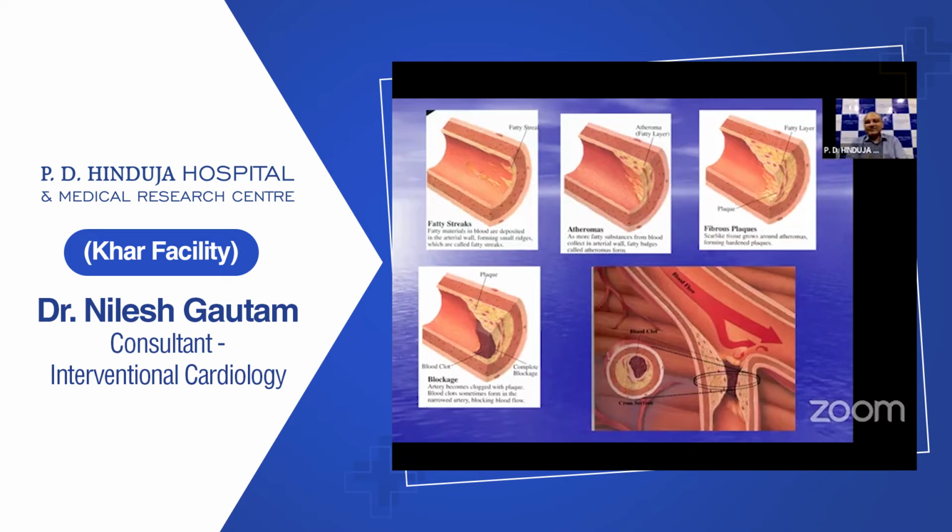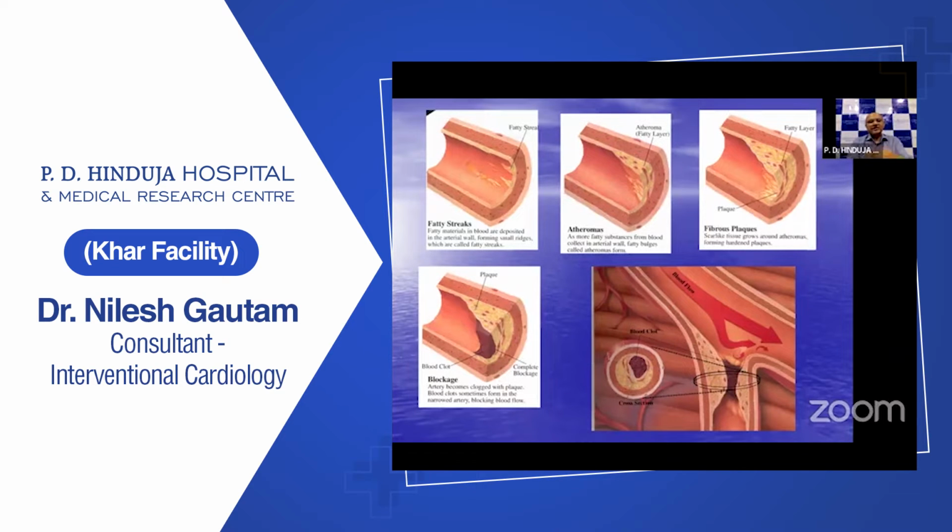However, if this thick fibrous cap or covering, the cloth it has worn, tears off, right? And what you see here is a blood clot forming. Then the artery gets totally occluded. A 100% blockage is formed. No blood flows beyond the blockade site, and what the patient experiences is total blockage of blood supply and a severe heart attack situation.